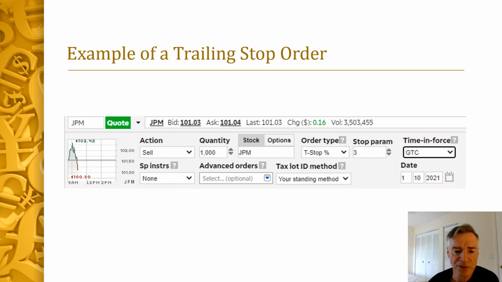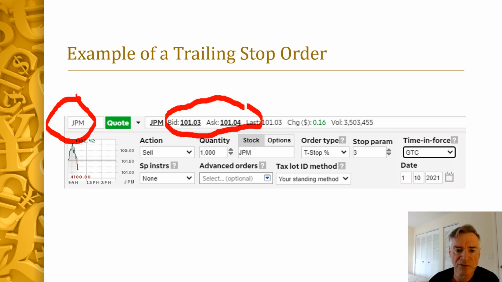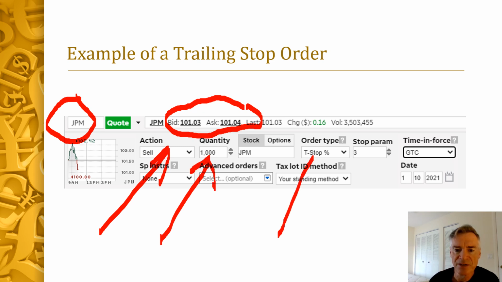So this is an actual example of a trailing stop order, and as I said, I'm using JP Morgan as my example. Here you can see JP Morgan was trading in a range of about $100. I placed a sell order for 1,000 shares of JP Morgan with a trailing stop percentage of 3%, I can also use dollars if I wanted to. And I marked it good till canceled.